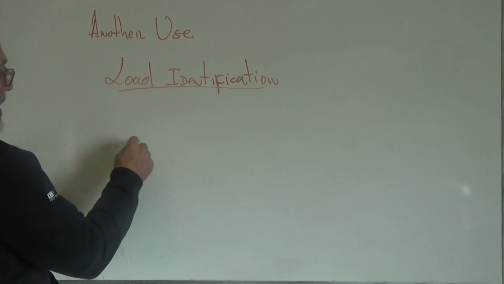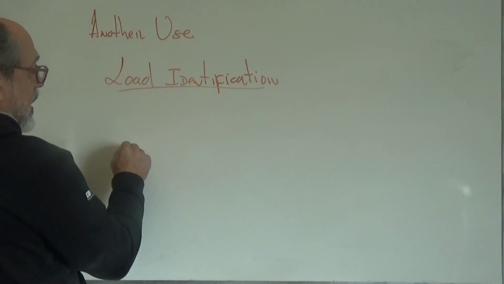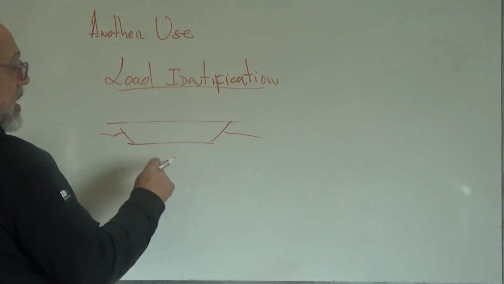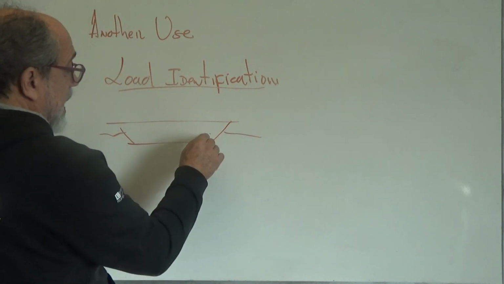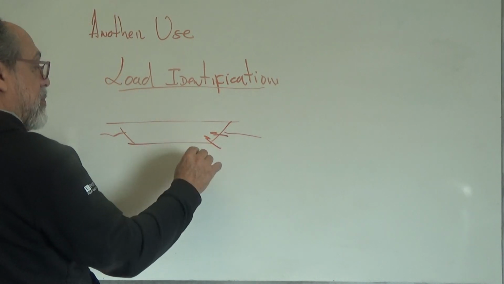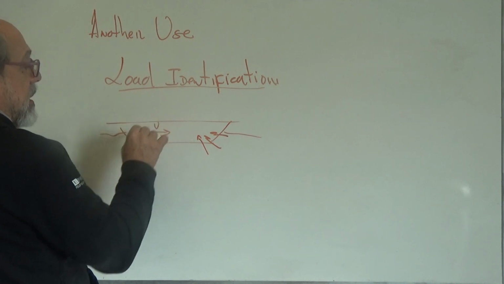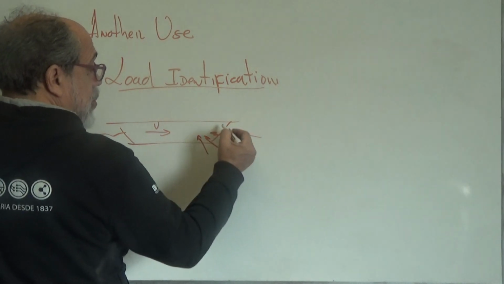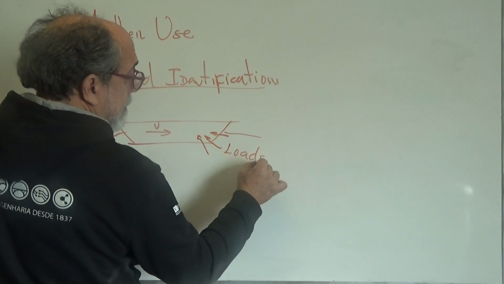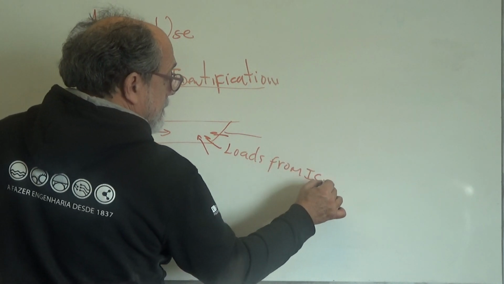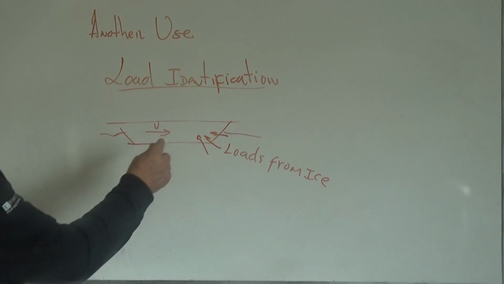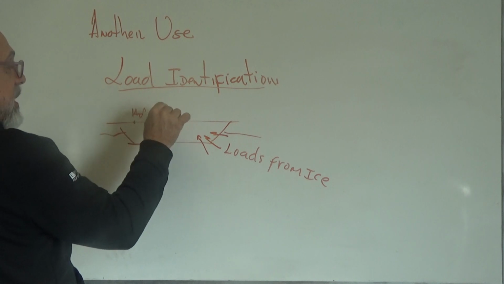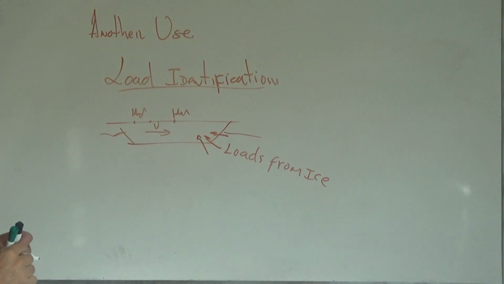But another application that I ran into recently is in the case of ships that are used to break ice, for example, an icebreaker. There is a lot of load coming into the hull from the breaking of the ice, which depends on the speed at which the ship is traveling. This is obviously a structural issue, loads from ice. It may be of interest to have some computations based on, for example, how much the deck of the ship is vibrating as it moves.